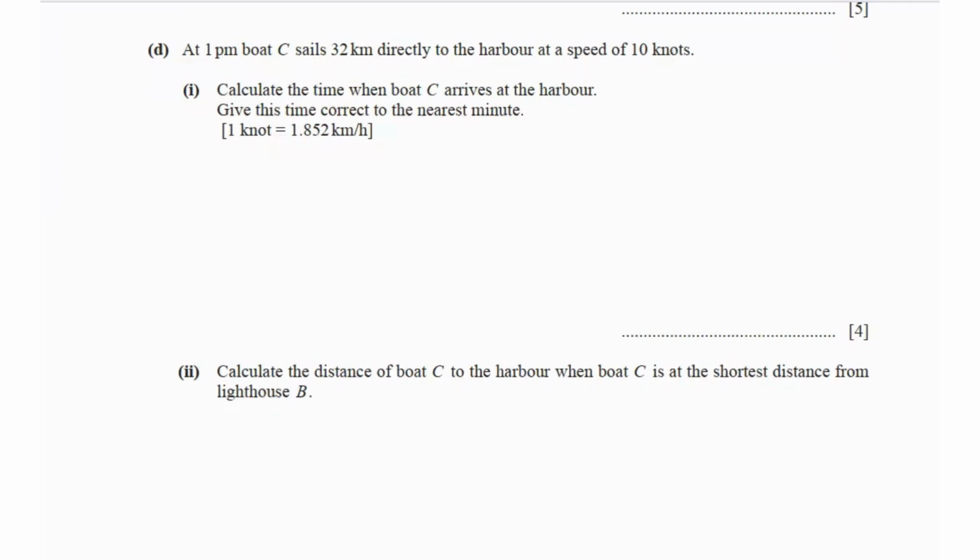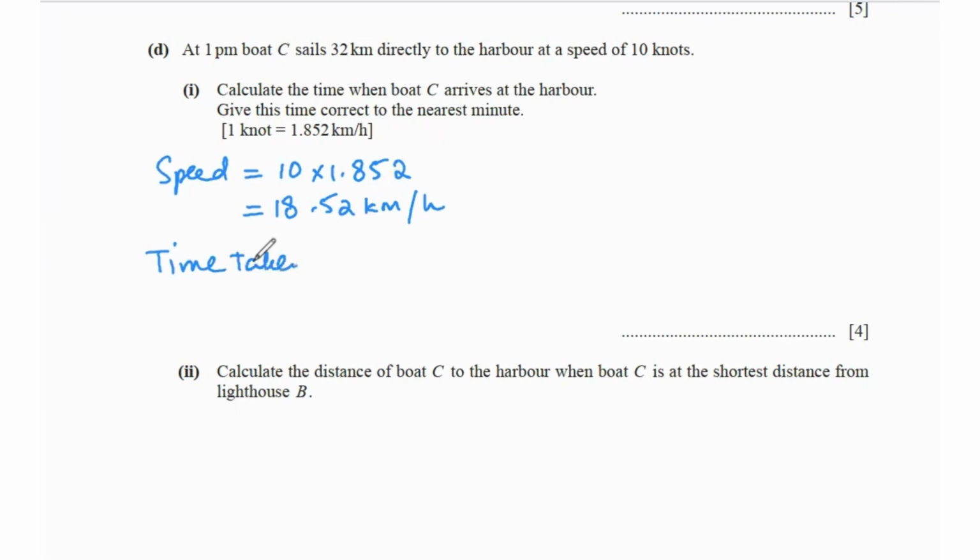So 1 knot is 1.852 kilometers per hour. So speed in kilometers per hour is going to be 10 times 1.852, which is 18.52 kilometers per hour.